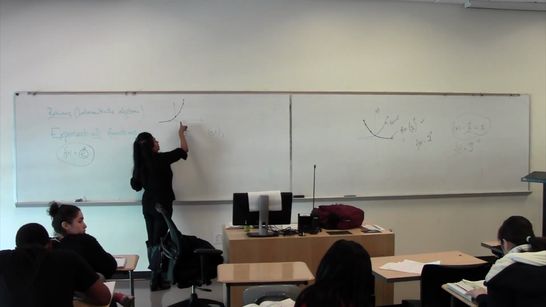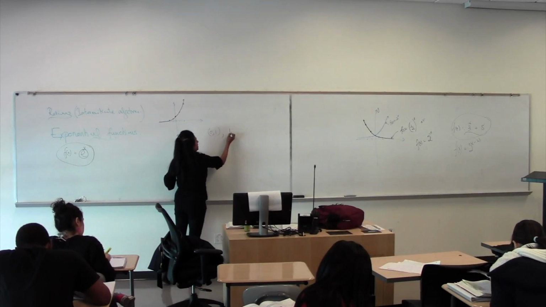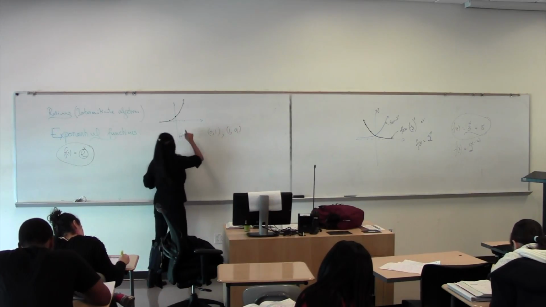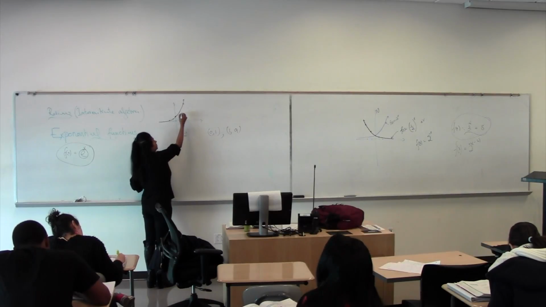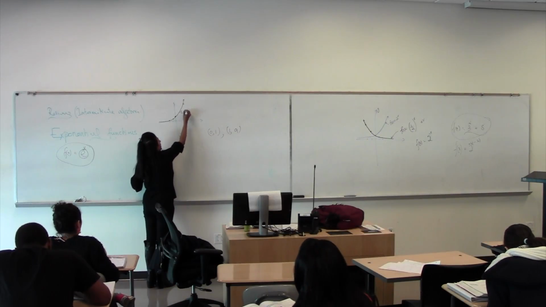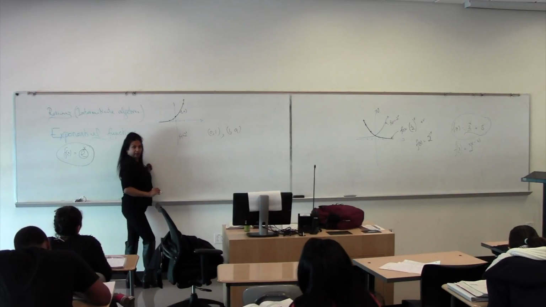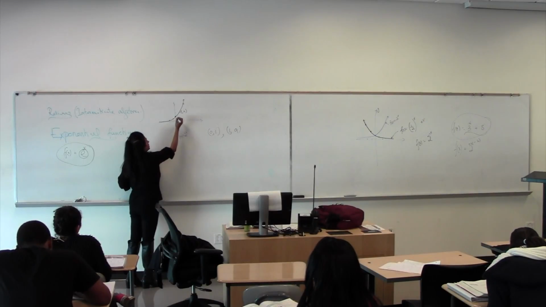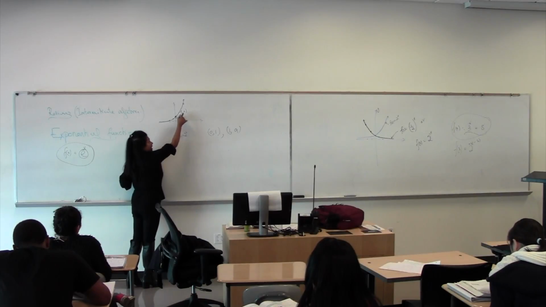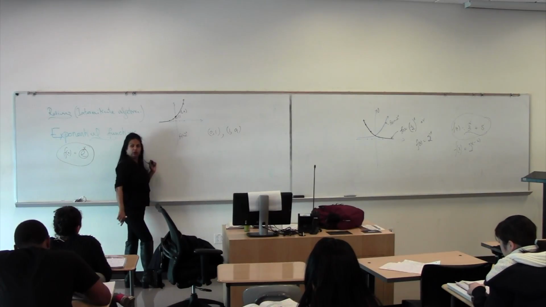Y is 2, right? So 1 and a. A is 2, see? This is a. So this is 1 and a. You see that? What is this point? 0 and 1. So whatever this a is, the graph is going through it.